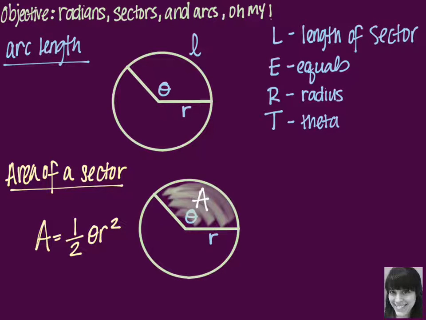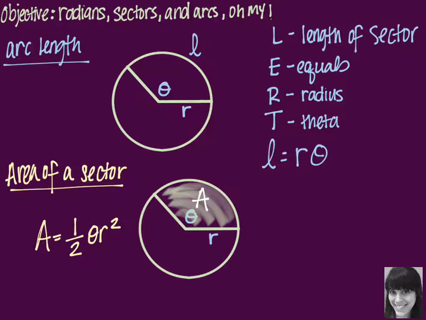If you don't want to go fumbling through your booklet, I memorize it as LERT: length of sector equals radius theta, so the equation is L equals r theta. For the area of a sector, I haven't come up with a good acronym, except the area of a circle is pi r squared, and you substitute out pi with 1/2 theta. So that is the area of a sector formula.